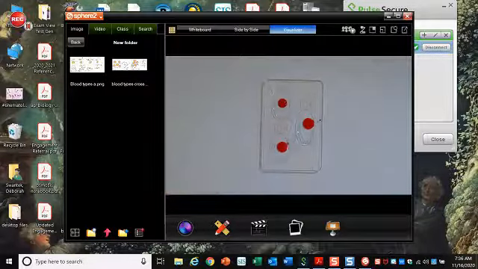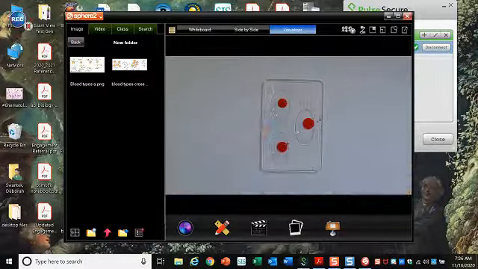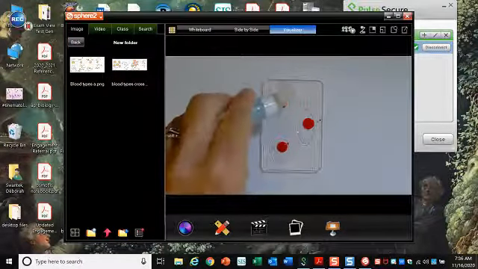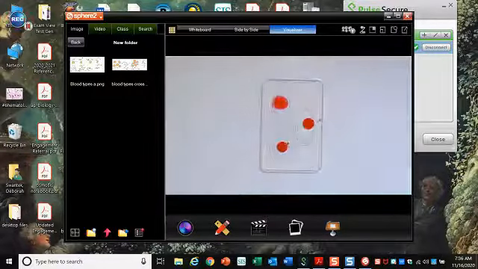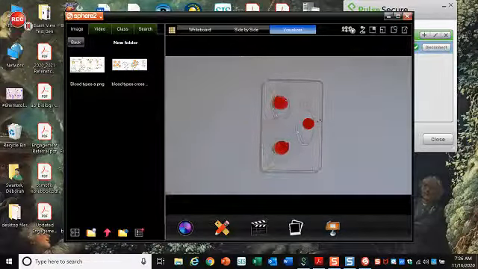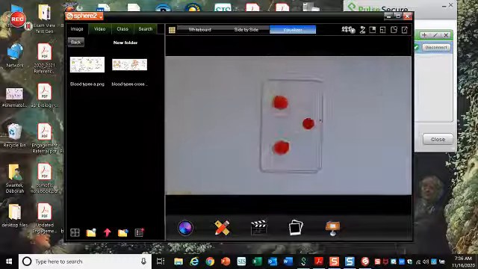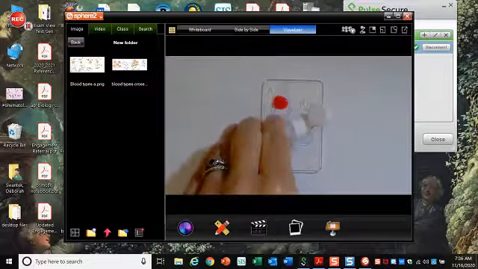Okay, so I have my 1 drop of blood, and I'm going to add my anti-A antibody to the well labeled A. I'm going to add my anti-B antibody to my well labeled B. And I'm going to add my anti-RH antibody to my well labeled RH.